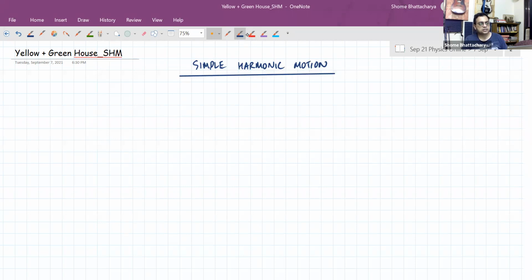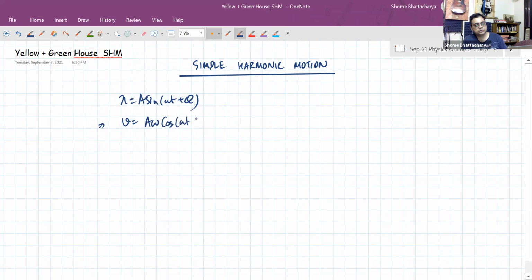So what we've seen is that from the equation of SHM, the instantaneous velocity of the oscillating particle is given by this kind of equation. From these, we can see that the initial position is a sine phi, and the initial velocity is a omega cos phi at t equal to 0.